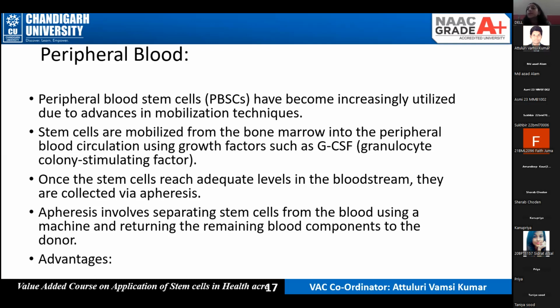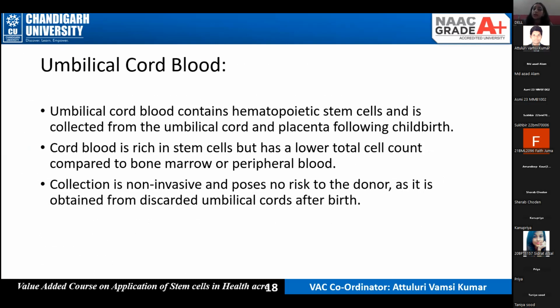This process is carried out by apheresis. Apheresis is a technique, or a machine, used to separate the blood components. After that, we can also take stem cells from umbilical cord blood.